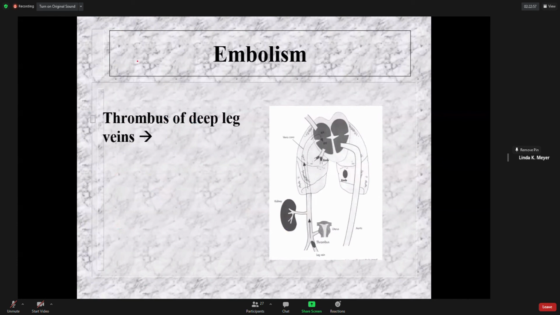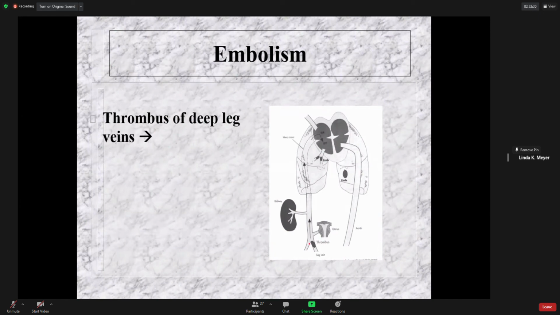So what are the consequences of embolism? A more common application of this is when someone may be bedridden, or it can even happen from taking a long air flight.